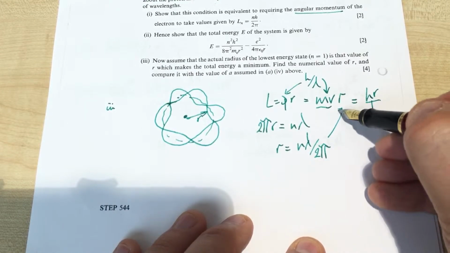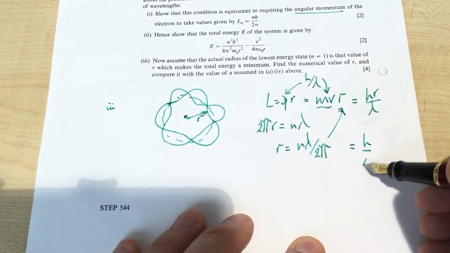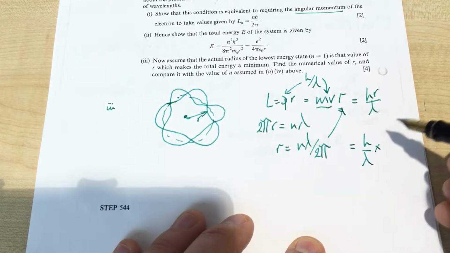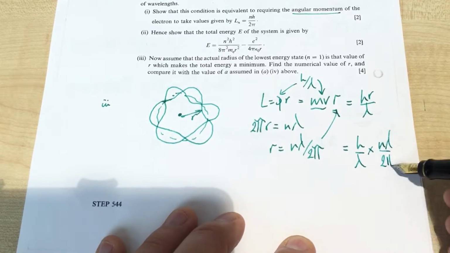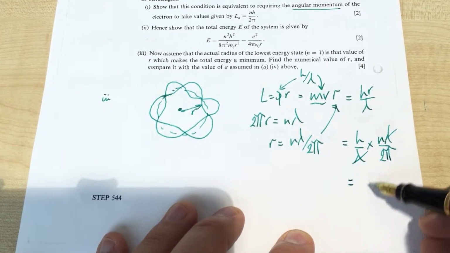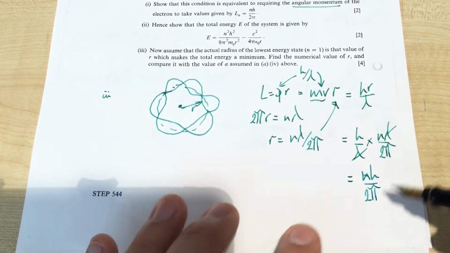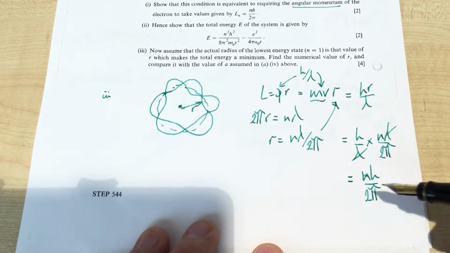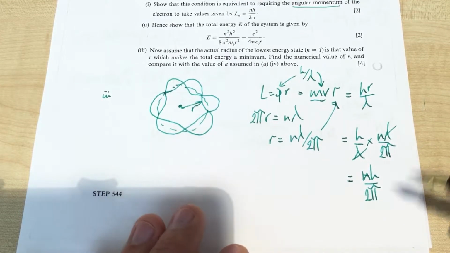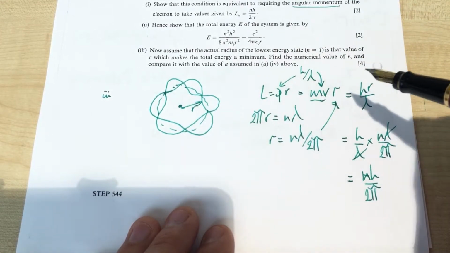Once I substitute this in, that gives me an expression of h over lambda by n lambda over 2 pi. Get rid of those, and that gives nh over 2 pi. So my angular momentum is a whole number of this constant, which is Bohr's condition for how he worked out the orbital positions of electrons.